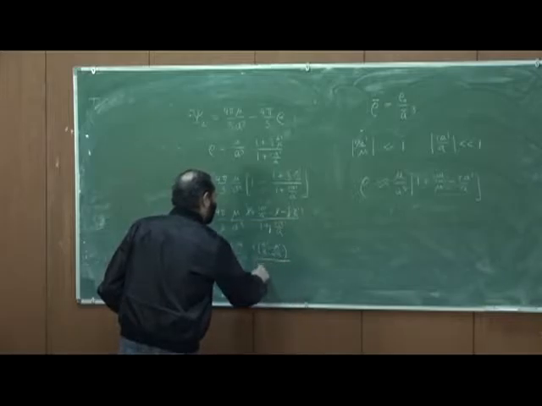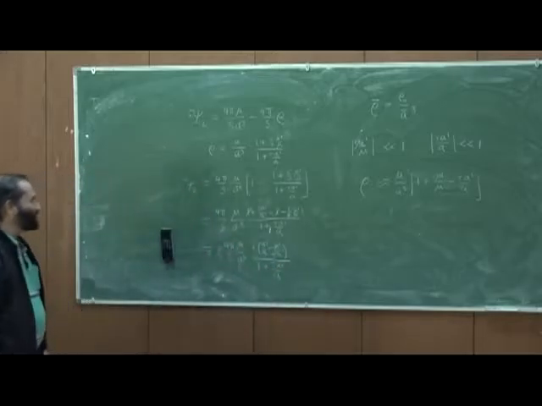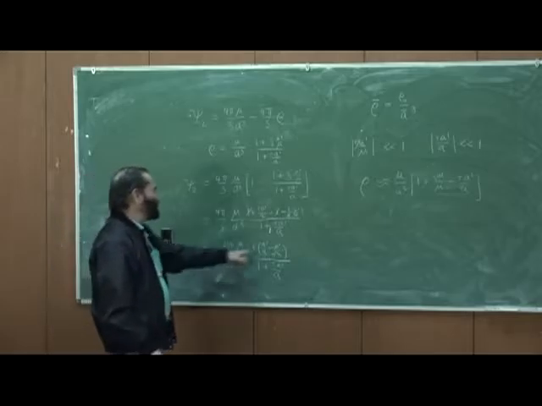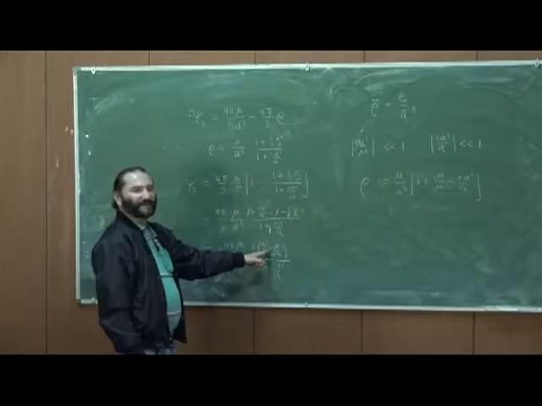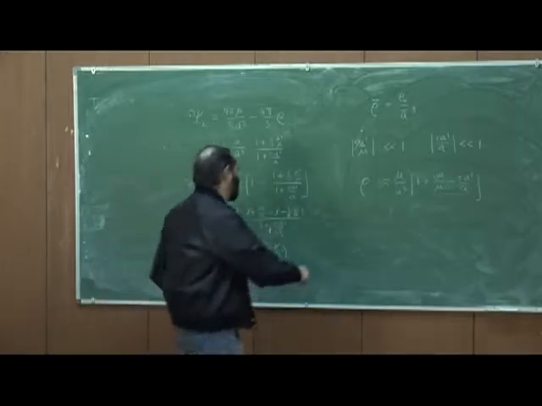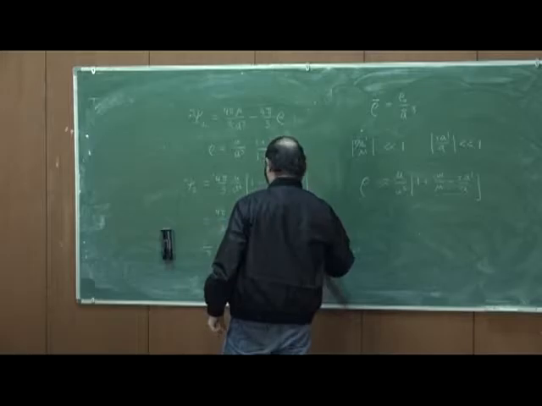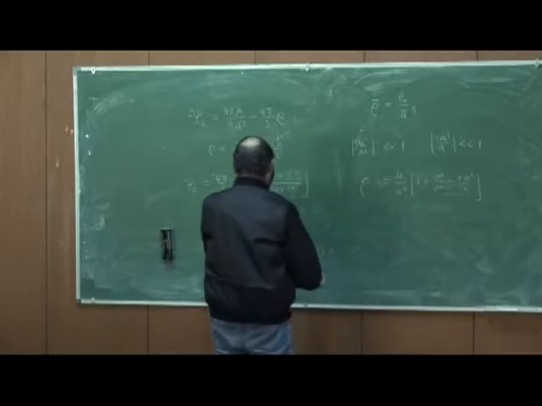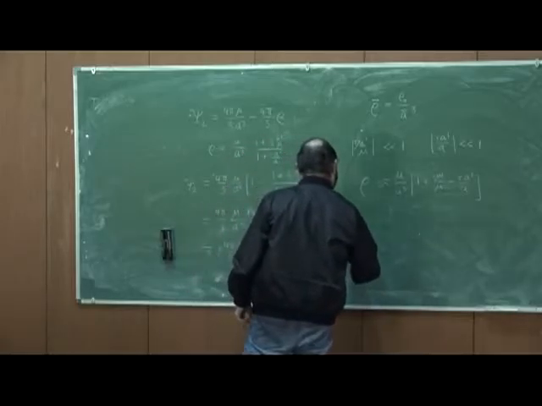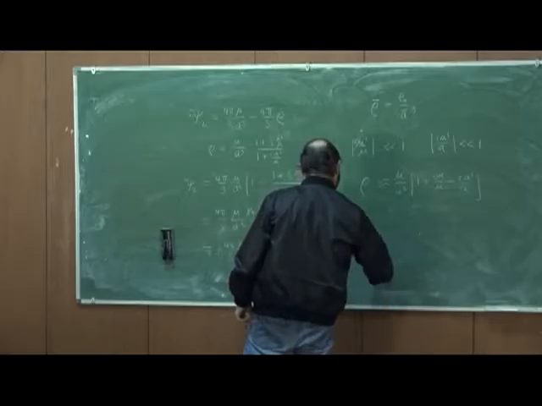So, if we make this assumption, then this is a very small quantity. Right? If we make this assumption here, this would be equal to 4 pi by 3 mu over a cubed times something that is small divided by something that is 1 plus small.